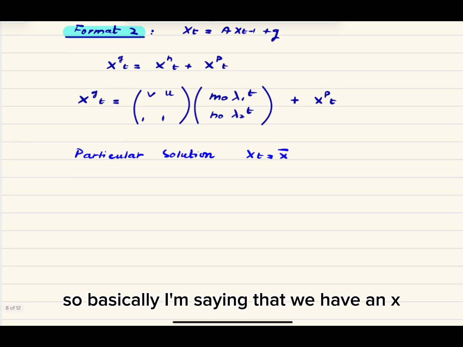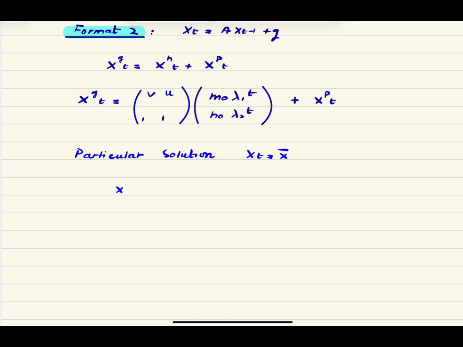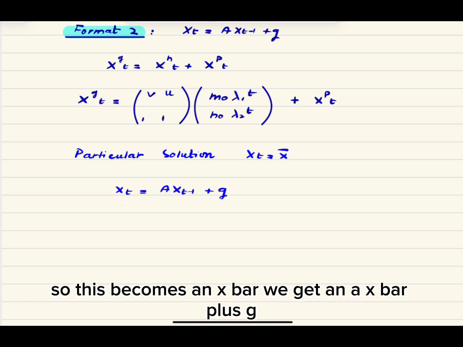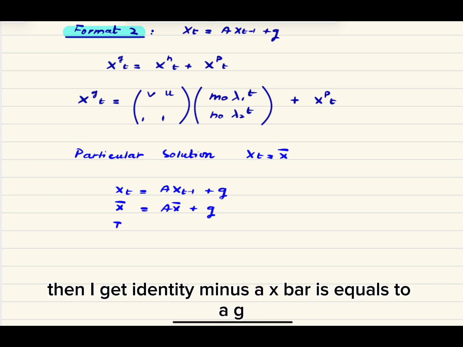So basically I'm saying that we have x_t equals A x_{t-1} plus g, so this becomes an x bar. We get A x bar plus g, then I get (I minus A) x bar equals g.